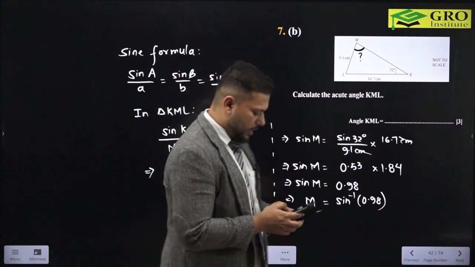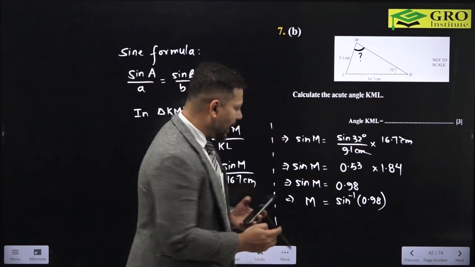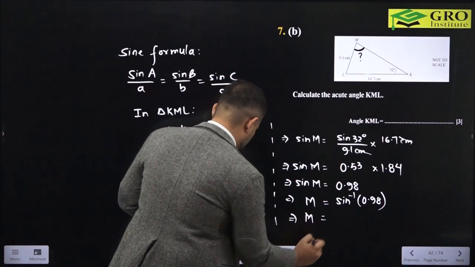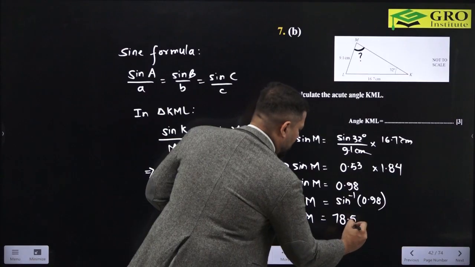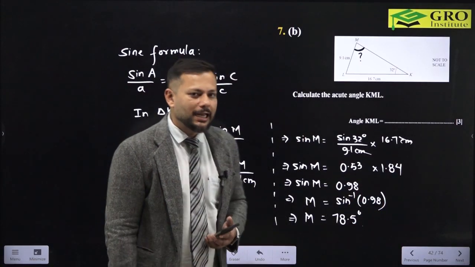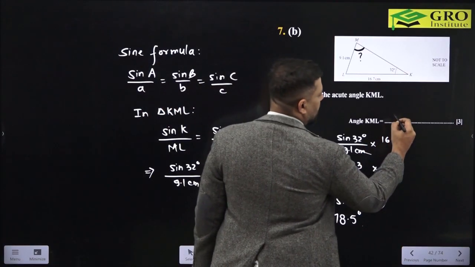Let us quickly find out. That results, guys, into angle M being 78.5 degrees. This is what this acute angle KML is. This is 78.5 degrees.